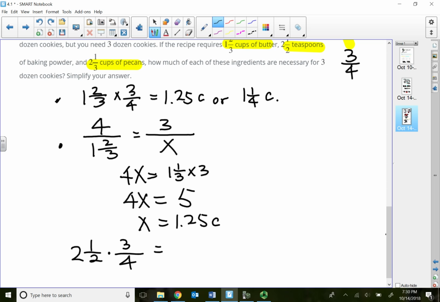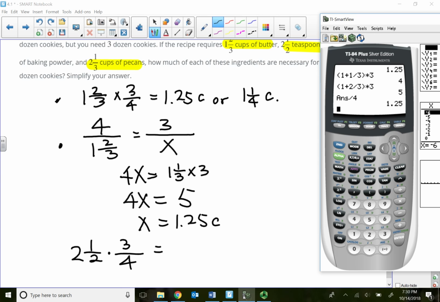I know 2 and 1/2 is 2.5, so typing the decimal here makes it easier. Times 3/4, which is 0.75. So that's 1.875.